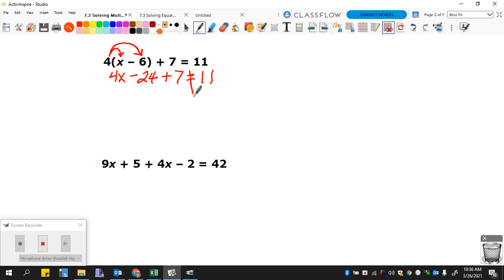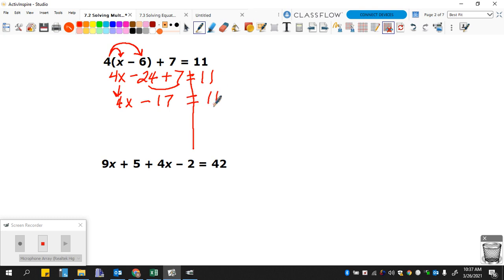To solve the equation, we draw the line down through the equal sign. Here, the only like terms we have are the constants, the 24 and the 7. Notice that the 24 is a minus 24. First, let's bring that 4x down, and the minus 24 plus 7 is minus 17, is equal to 11.